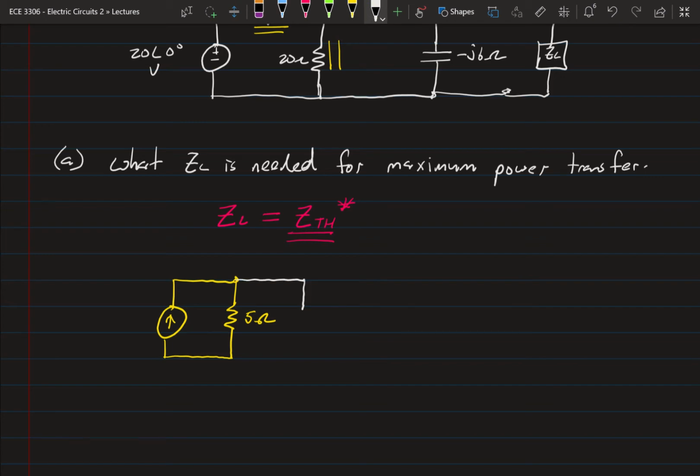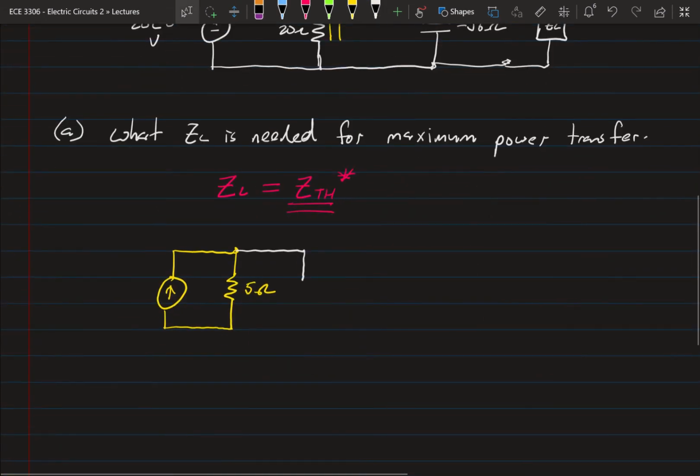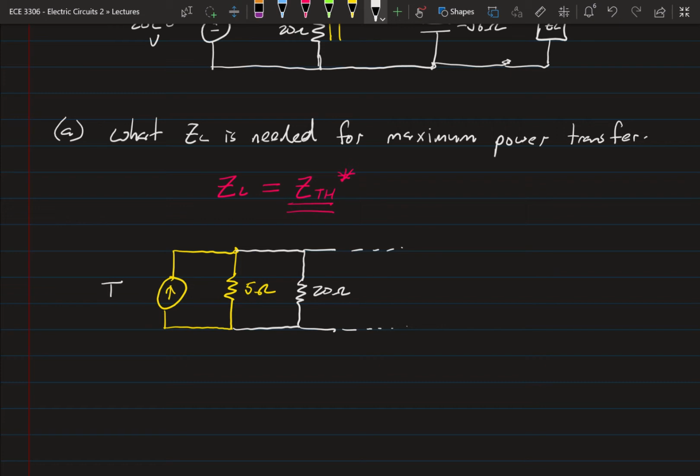And the only part we really care about right now is that 20 ohm resistor in parallel. So I'll just draw that, 20 ohms. And then we'll say we've got the rest of the circuit hanging on there. But we need to know what our current is, I equals something.